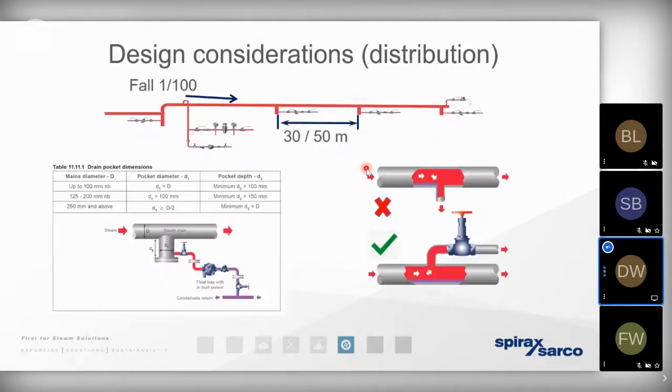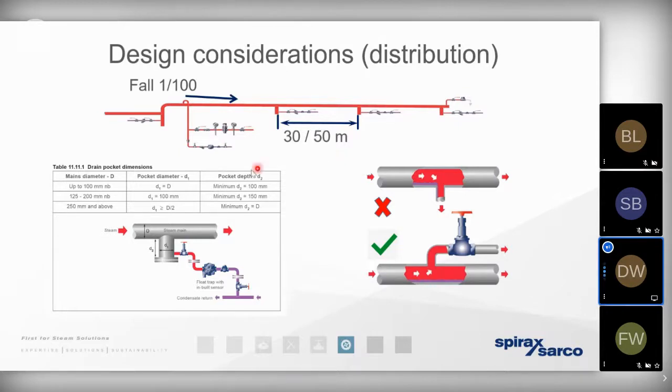Another good working practice means we want to see a fall in the distribution pipework. And that fall wants to be in the direction of steam flow, to a gradient of approximately 1 in 100. Now that can be difficult to guarantee, but as long as we can see a fall with the naked eye, then we should be satisfied that the condensate can drain under its own motive energy to a low point steam trapping station, where it can be drained away.